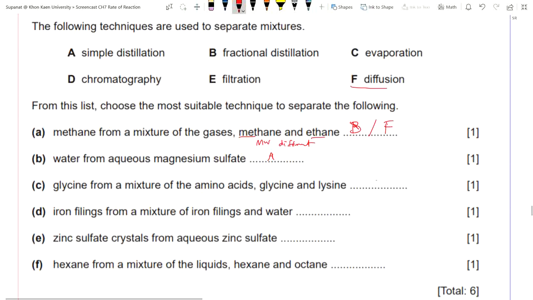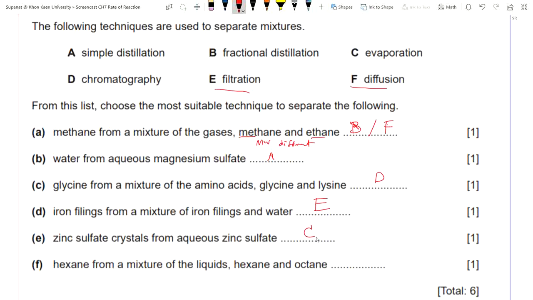Can use chromatography. Another one: the iron filings from the mixture of iron filings and water. We can do filtration. The zinc sulfate crystals from the aqueous zinc sulfate can use evaporation, right? And then we're going to get the zinc sulfate crystals.